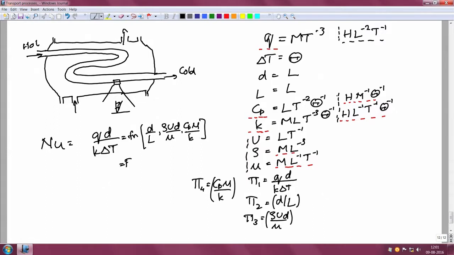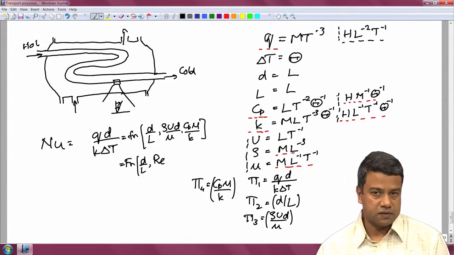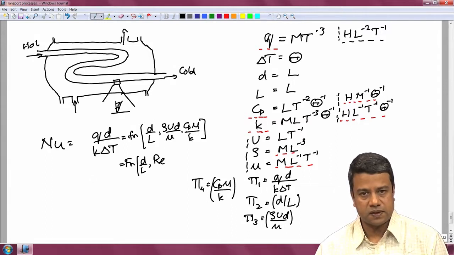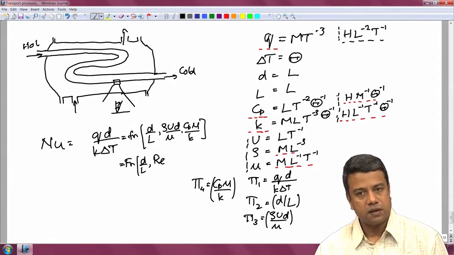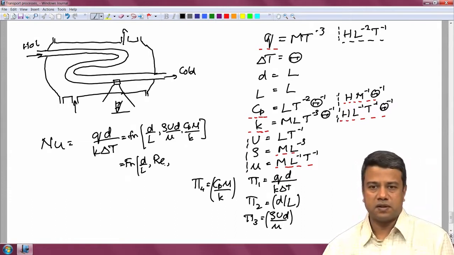The first one we know is just an aspect ratio. The second one is what we have seen earlier in the earlier lecture, the Reynolds number, ratio of fluid inertia to fluid viscosity. The third one, you can see it contains both thermal and mechanical quantities.